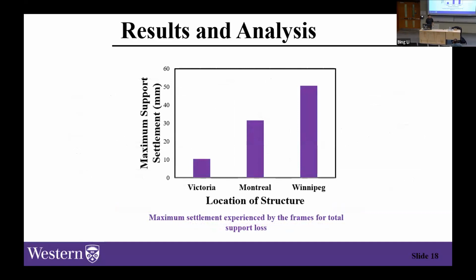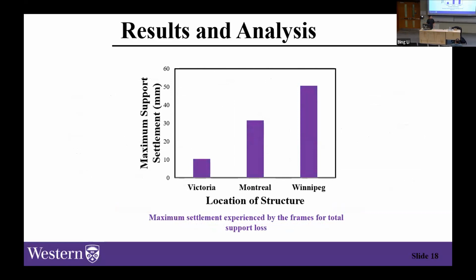And this shows the maximum settlement that will be experienced by each frame, designed according to the seismic region of Victoria, Montreal, and Winnipeg, which is SC3 according to MBCC. As you can see over here, the design provisions do have a noticeable effect on the performance of the structure.